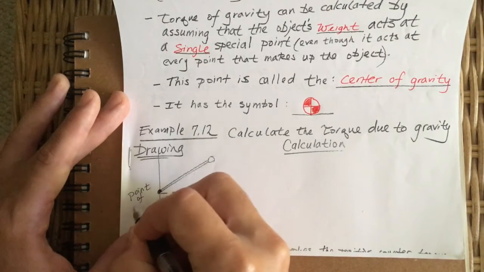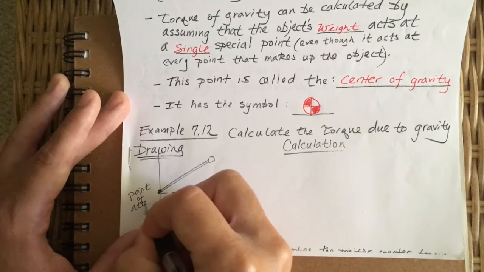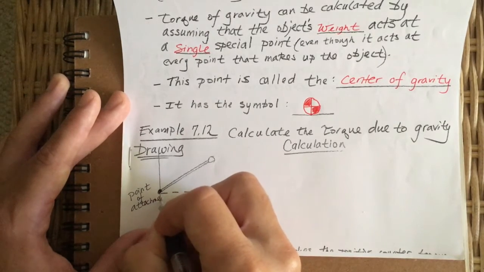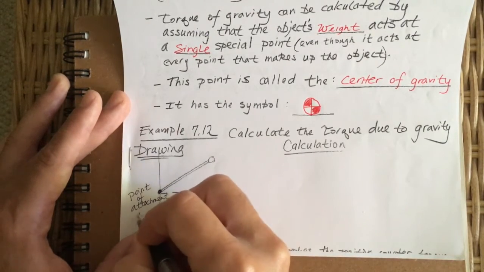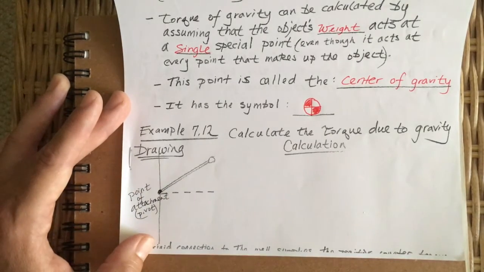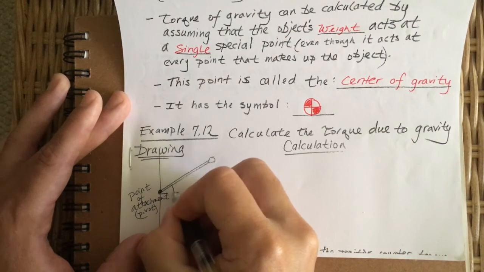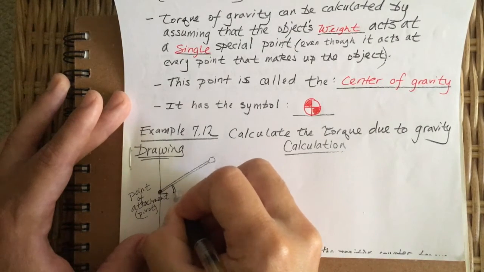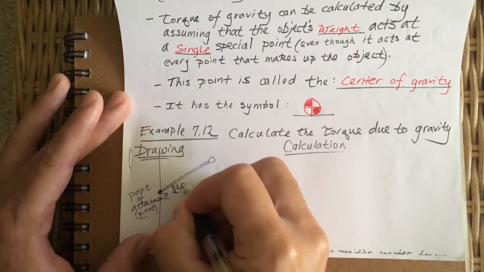So this is going to be our pivot right there. This angle that we're given is 25 degrees.